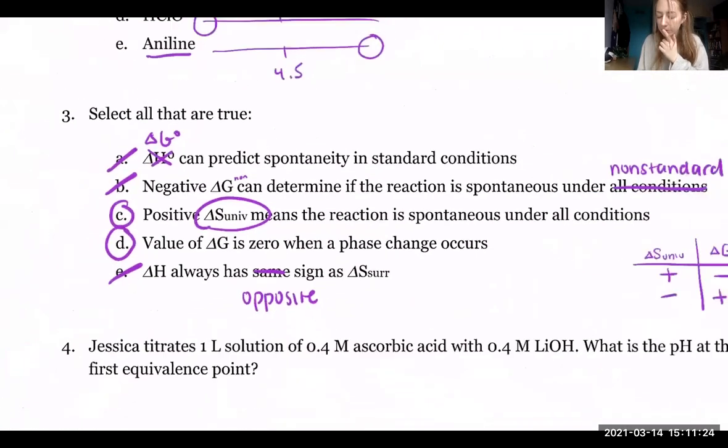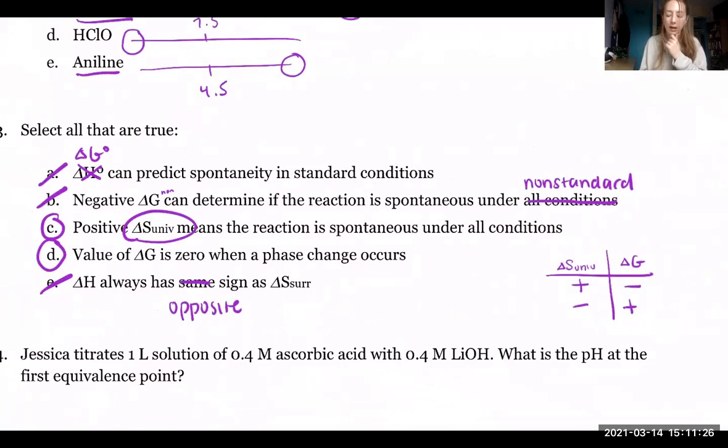If it said negative delta G non-standard and negative delta G standard, we can refer to all conditions. Does that kind of make sense? If not, that's okay. I can explain again.